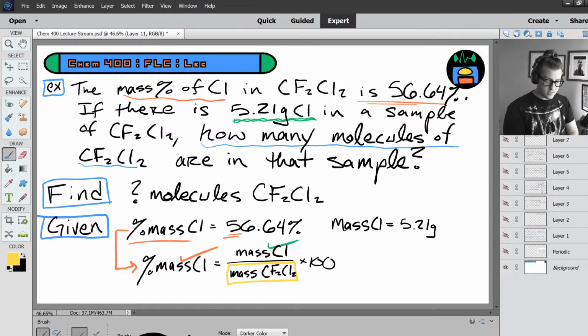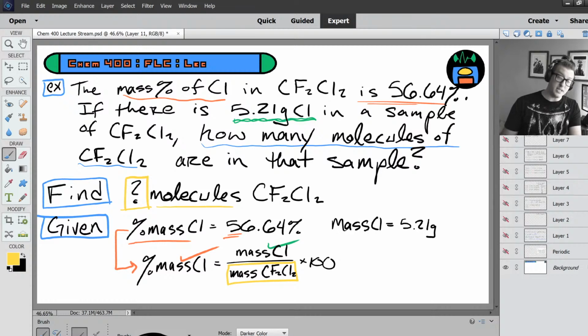Question. Is that what we're after? No, we want molecules, and all we can solve for are grams. But let me ask you, have you ever been given a problem this semester where you're given a mass of something and you're asked to convert it to molecules of another thing?